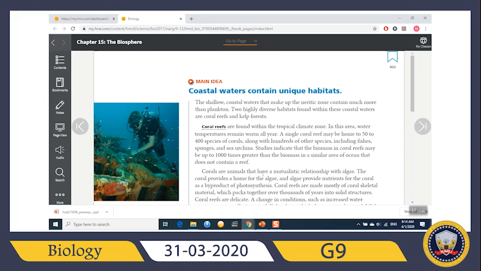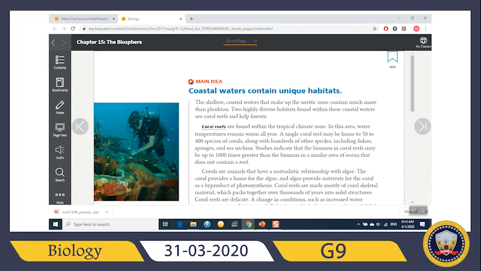Not many coral reefs are left on the planet anymore, so give me areas where you find live, lush coral reefs. Coral reefs are found within the tropical climate zone, so it must be warm all year.